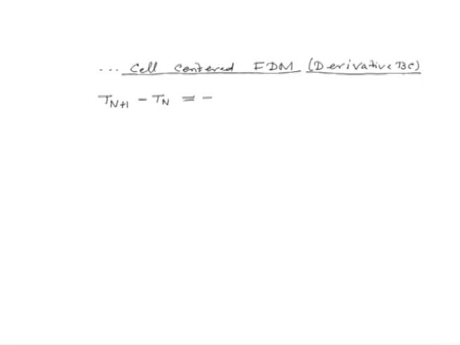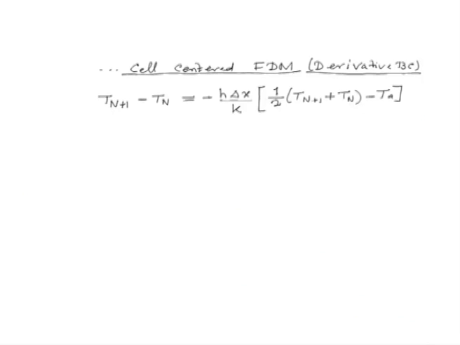So, we get minus h delta x divided by k, and inside we have got 1 by 2 Tn plus 1 plus Tn minus Ta. Let us transfer the remaining term in Tn plus 1 to the left hand side and bring Tn to the right hand side.